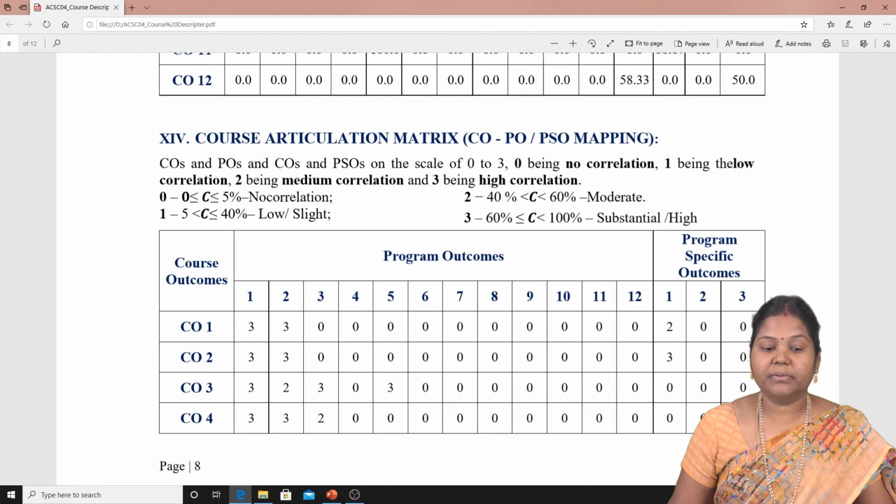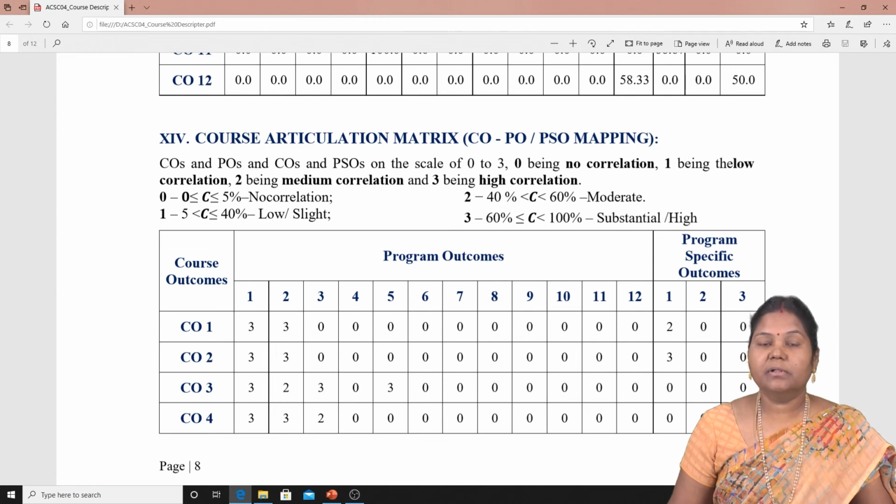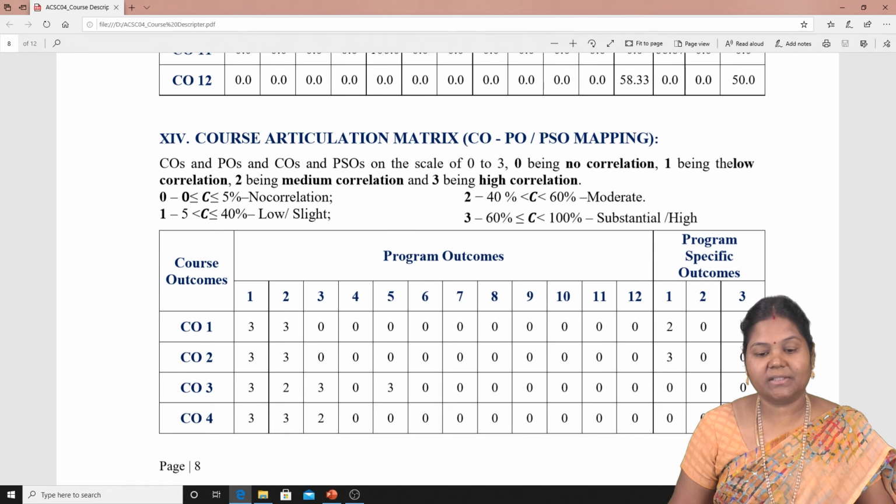If it is below 5%, 0 to 5, that means there is no correlation between your CO and PO. And if your CO-PO matching score is 60 to 100%, that is on the scale of 3, then there is a high correlation between the CO and PO and you have achieved it.